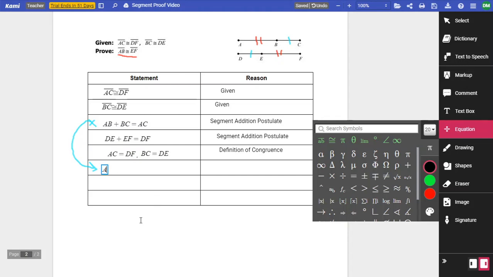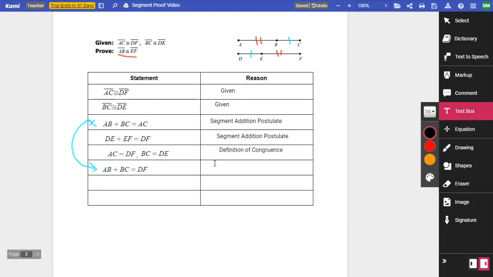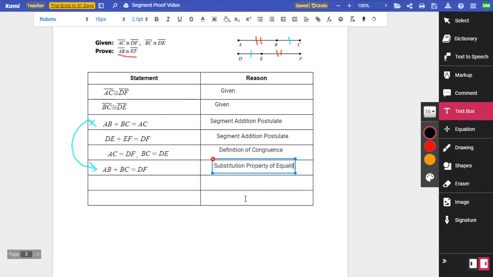So I'm going to say that AB plus BC is equal to DF. And the reason I'm able to do that is the substitution property of equality. So just wherever I see AC, I can put in a DF because I've already stated that those two lengths are equal.